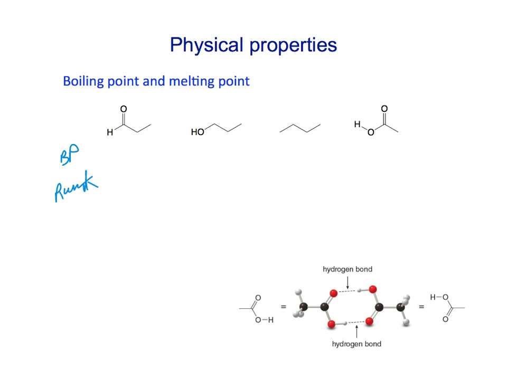So we're going to rank them from lowest boiling point to highest. Okay, which of these molecules is going to have the lowest boiling point? Butane, right? This is the lowest. What's going to be next?